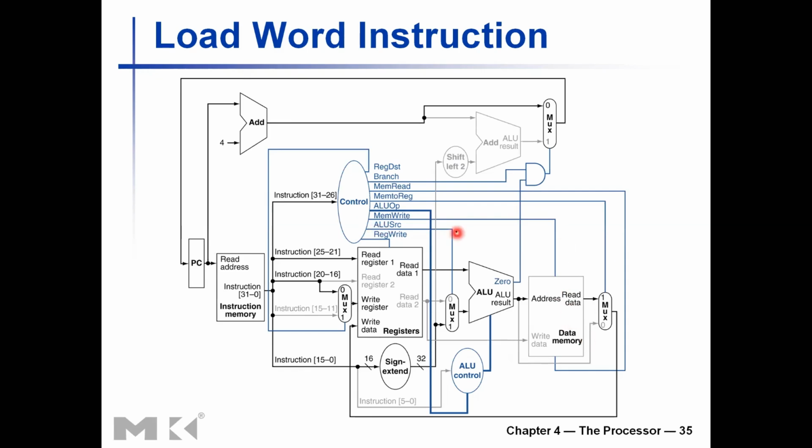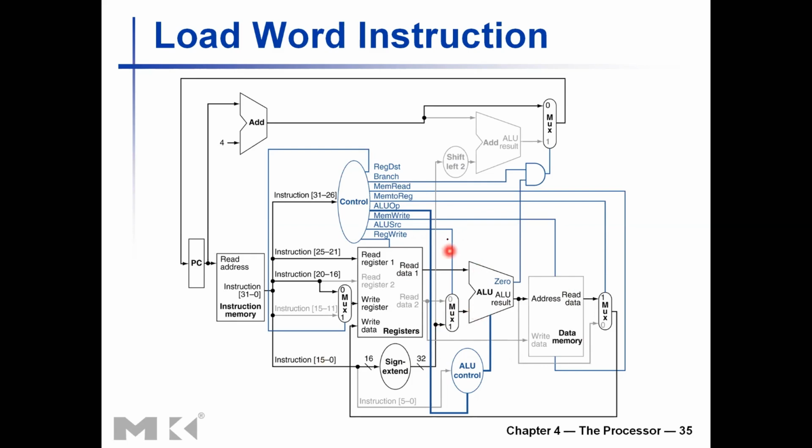And the ALU source control signal for the store word should be 1, because the address offset is given as an immediate value. That should be sent to the ALU: base register value plus address offset value.